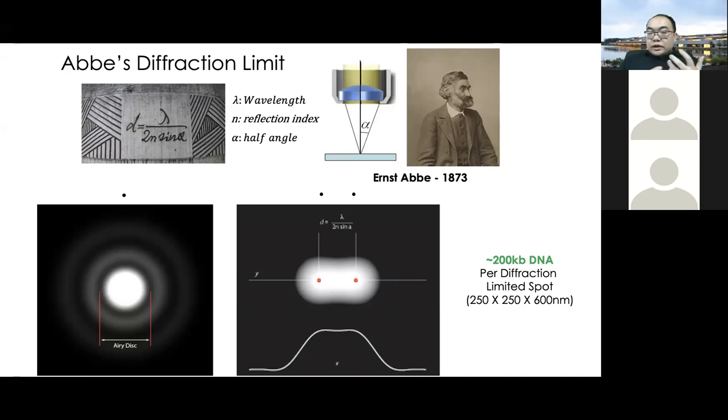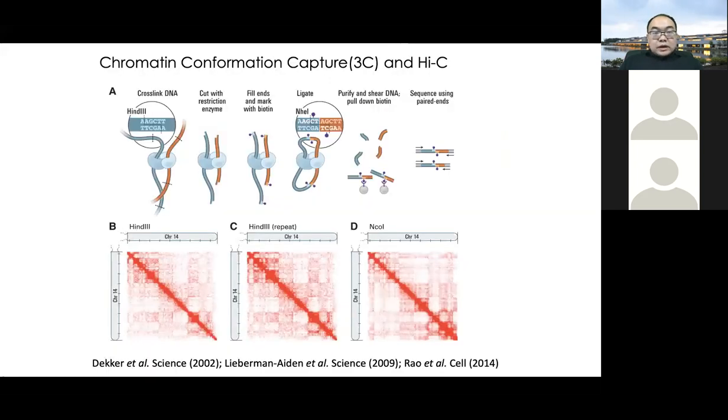That means for any genes within 200 kilobase pairs, you couldn't tell them apart very well. I think it is due to this reason that in the past 2 decades, the genome organization field has been dominated by a genomic technique called chromatin conformation capture, like 3C and the Hi-C technique.